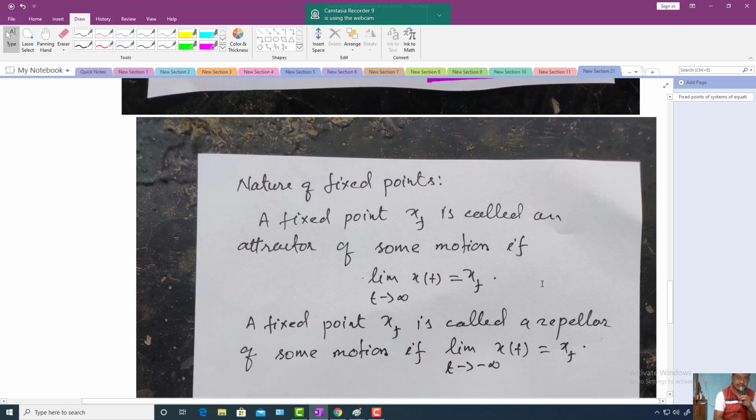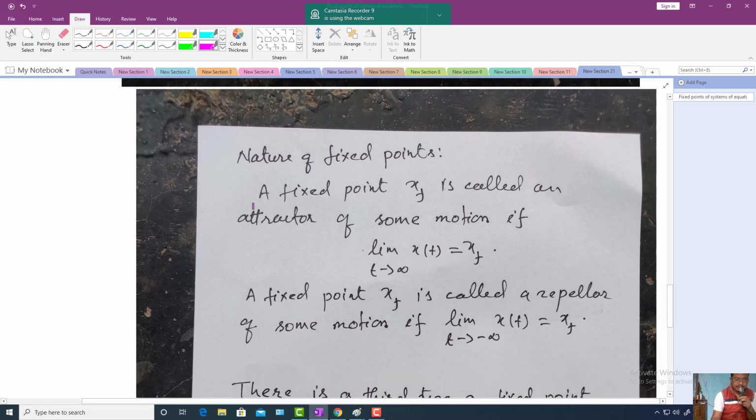Next, nature of the fixed point. We already knew that there are 3 types of fixed point: stable fixed point, unstable or repeller fixed point, and saddle fixed point. So a fixed point, let us denote it by xf, is called an attractor of some motion if limit t tends to infinity, x(t) is equal to xf.